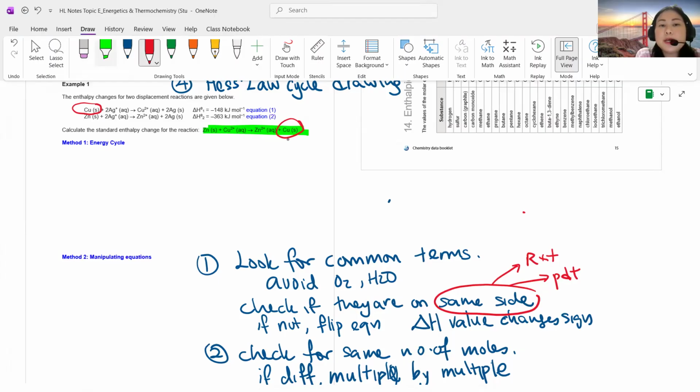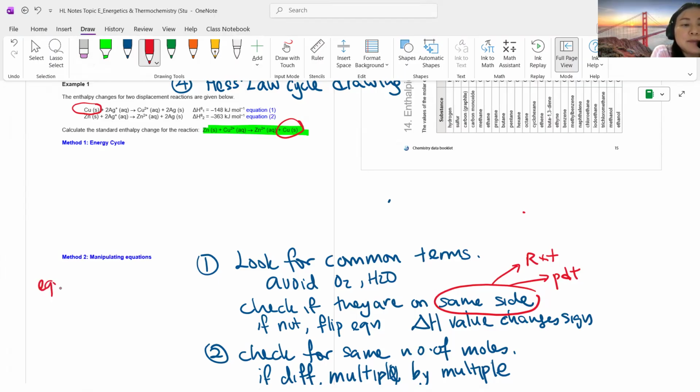In the one in green, copper is on the product, but in the one on top, copper is on the reactant. They are not on the same side, so I have to flip the equation. I'm flipping equation 1. I cannot touch the one in green.